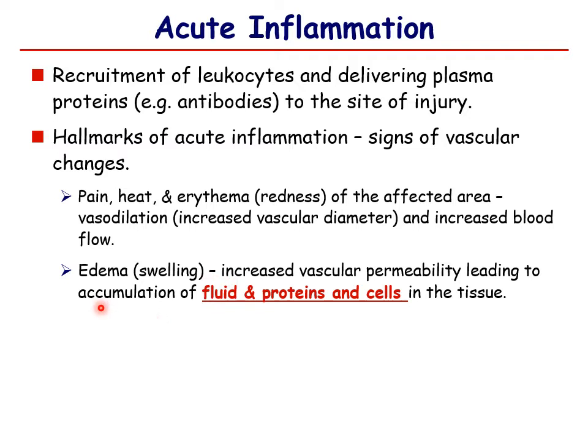Also, the other hallmark is edema, which refers to swelling as a result of increased vascular permeability, leading to accumulation of fluid and proteins, as well as cells in the tissue.